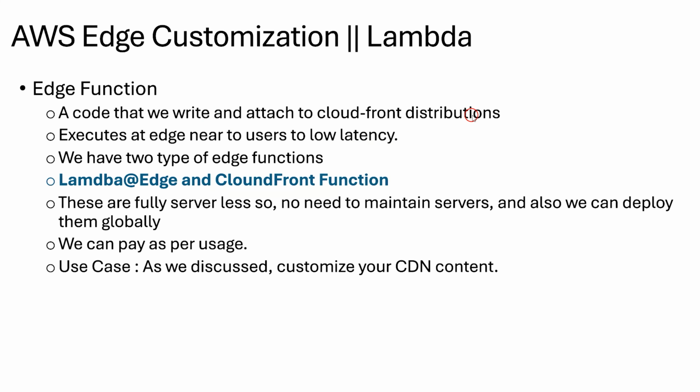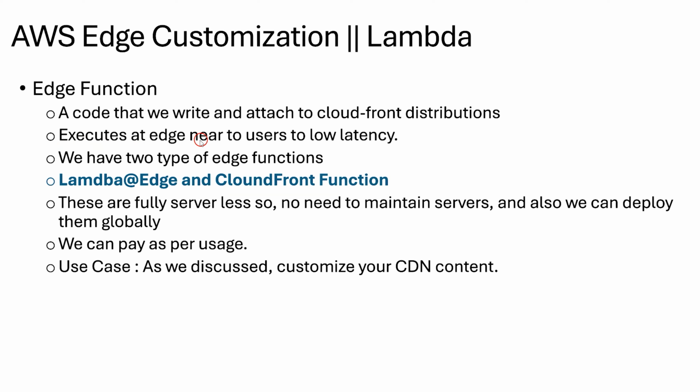When it comes to AWS, we have only one CDN, that is CloudFront. So these edge functions usually reside inside CloudFront distributions. And an edge function is nothing but some piece of code that executes at the edge, nearer to the users, for low latency.